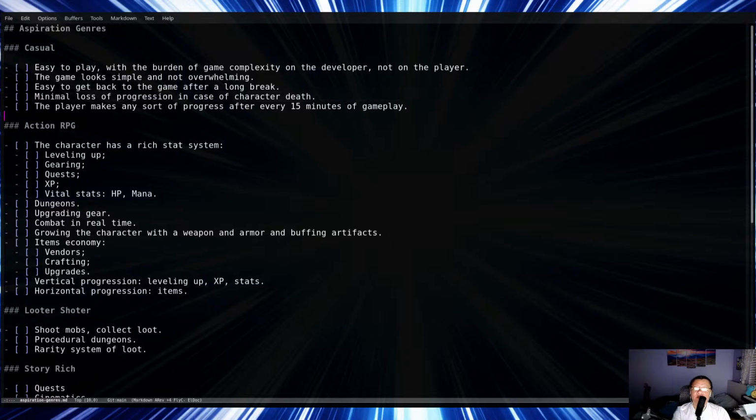Minimum loss of progression during character development. Essentially, it's going to be a dungeon-like game with different levels of mobs, and you would have some checkpoints.